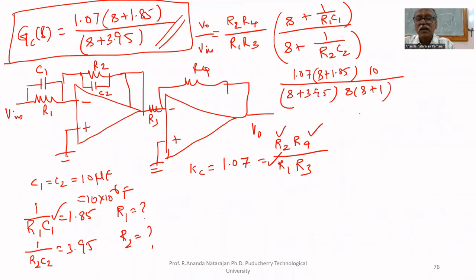For that, what is the transfer function? We have to assume 10 multiplied by k is equal to k. K multiplied by S plus 1.85. Numerator polynomial we know. What is the denominator polynomial?